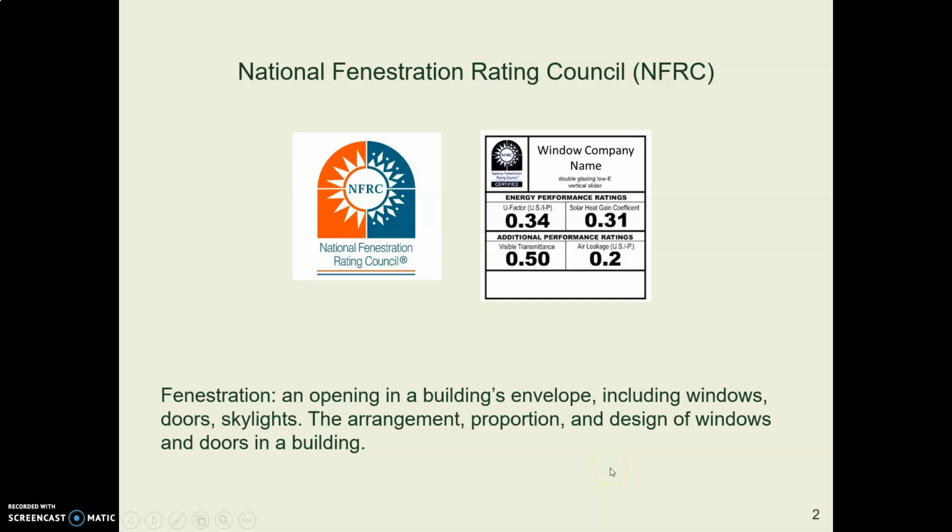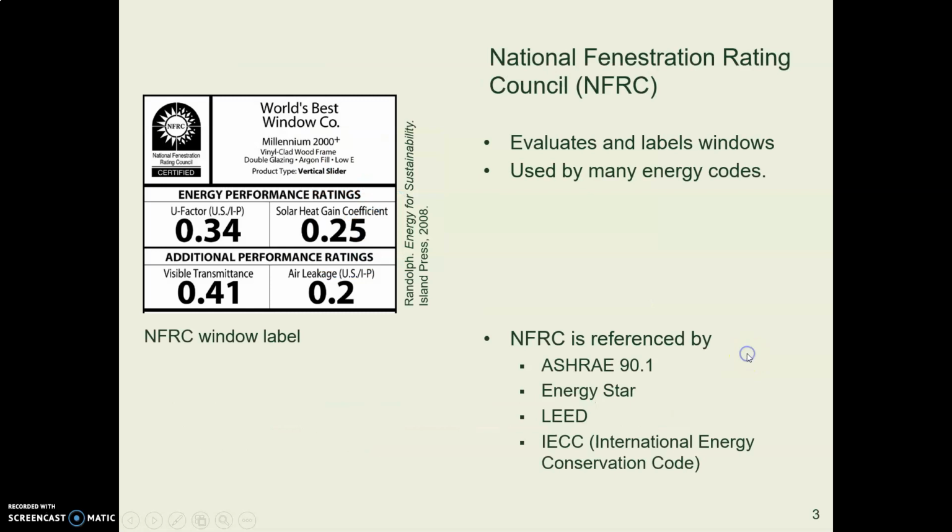So the National Fenestration Rating Council is a council that applies standards to all the windows that you buy. And if you buy a window from a supplier, you will always see one of these labels on the window that gives numbers about various kinds of ratings, how it meets various standards.